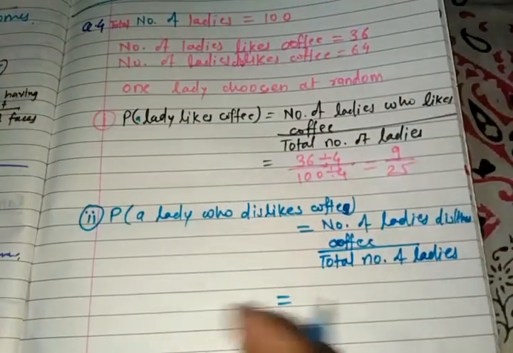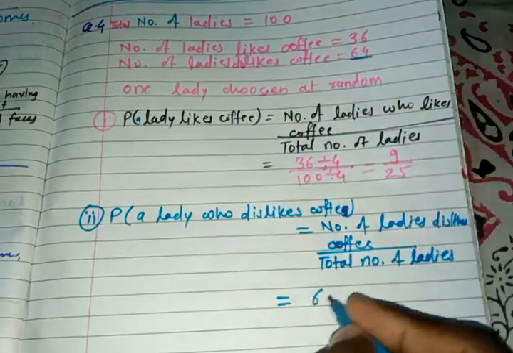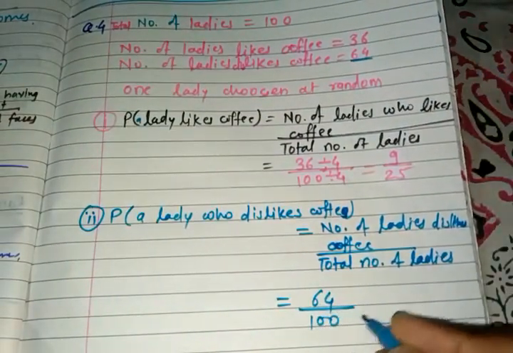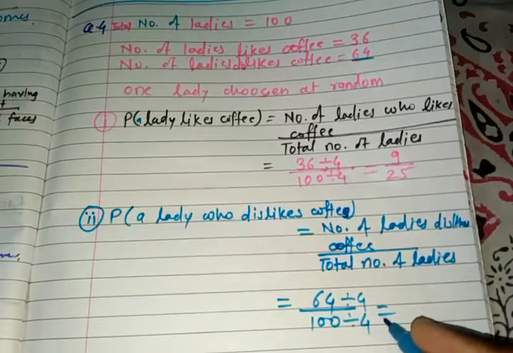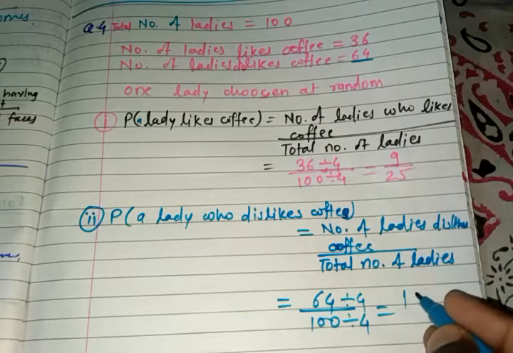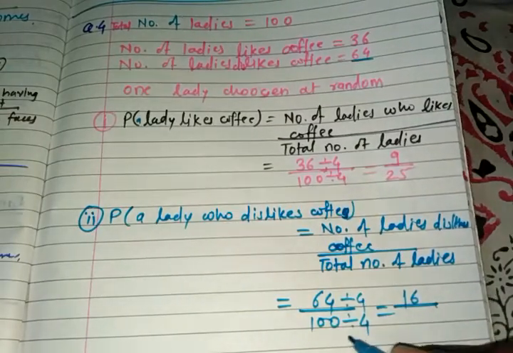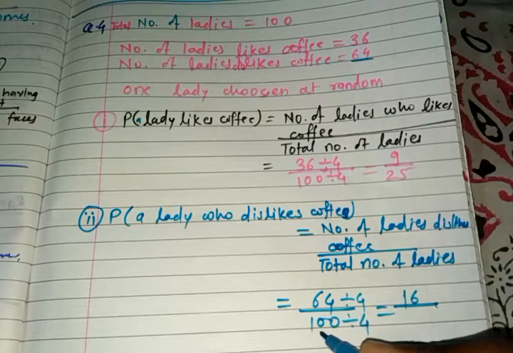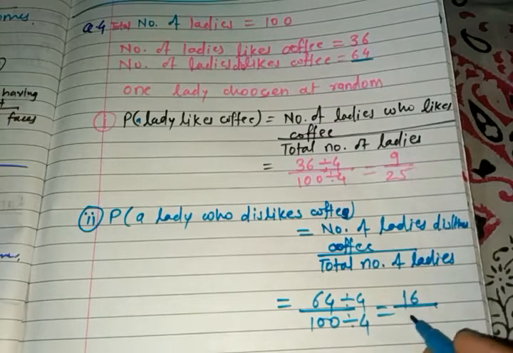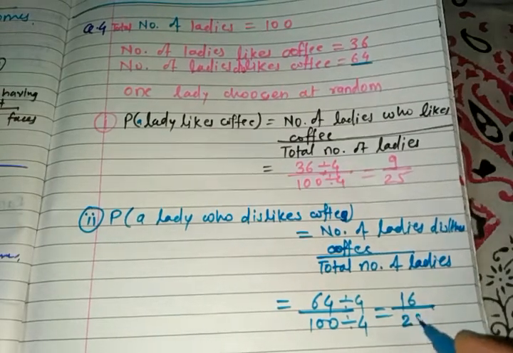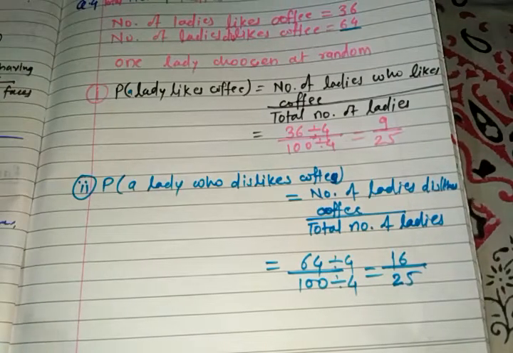How many ladies dislike coffee? They are, yes, 64 out of 100. Now again we will divide by 4. So what is the answer? 16. 4 ones are 4 and 4 6s are 24. And when I divide 100 by 4, there are 4 parts of 100, and one part is 25, right? So 16 by 25. In this way we have found the answer to question number 4.